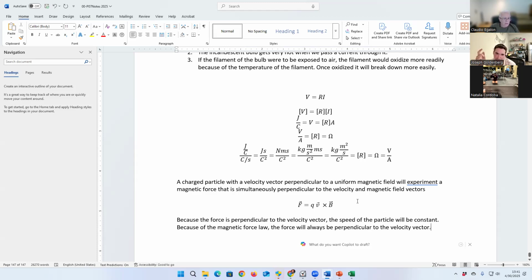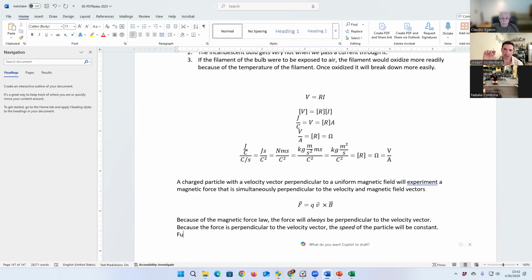Because the force is perpendicular to the velocity, the speed of the particle will be constant. Don't forget the speed. Why will the speed be constant?